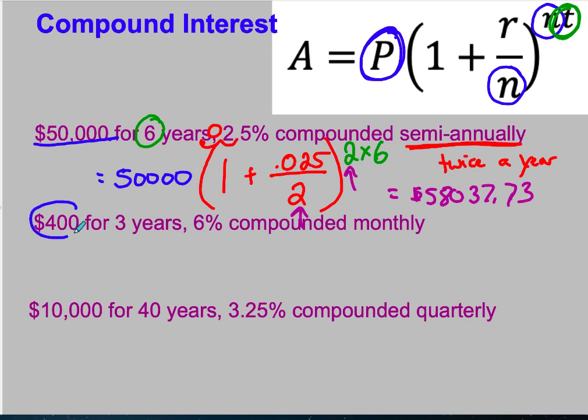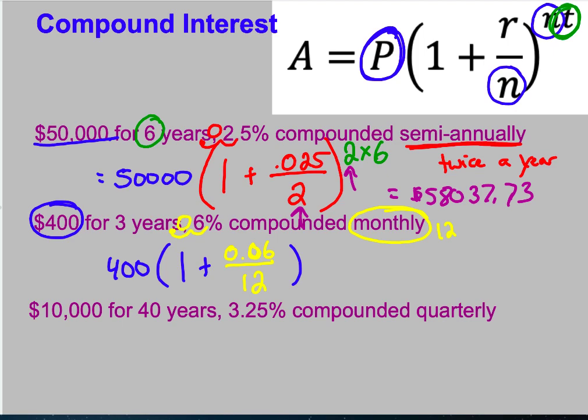So we start with our initial amount, $400, and then we're going to do 1 plus, we're going to put in our rate, 6%. Remember, we changed that to a decimal, so 0.06, compounded monthly. So there's 12 months in a year, so I'm going to divide by 12.